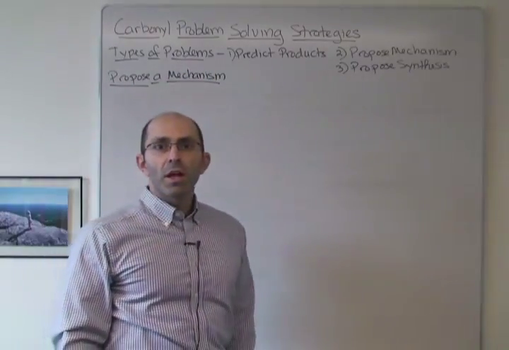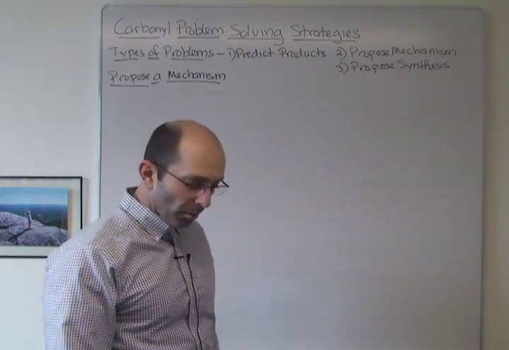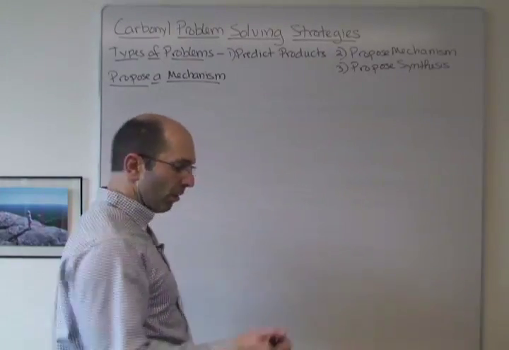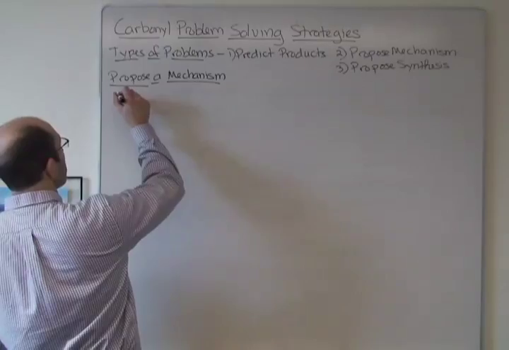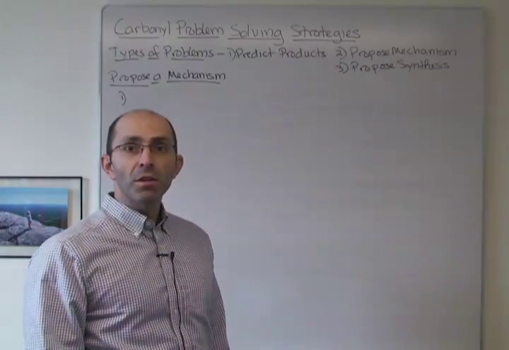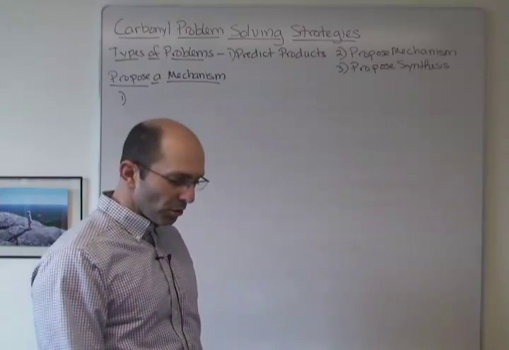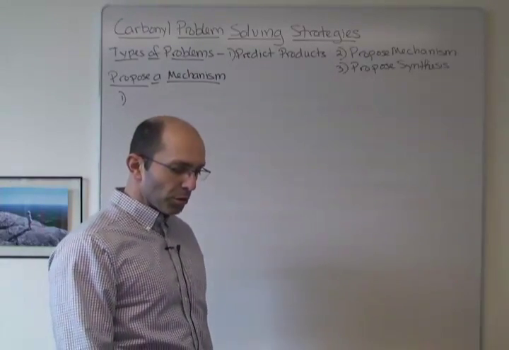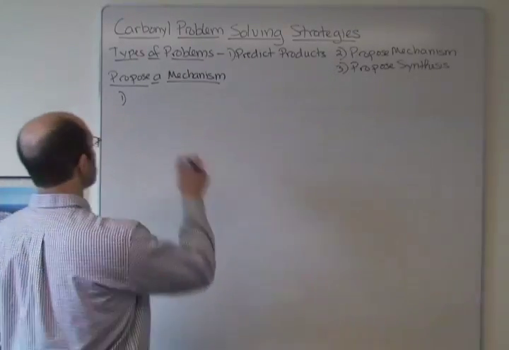We're going to start to see a lot of propose-a-mechanism problems, all right? And let me just go through some general strategies for these mechanism problems, all right? Number one, we've done this in class. I want to continue to encourage you to do this. Number the atoms, determine bonds formed and bonds broken.